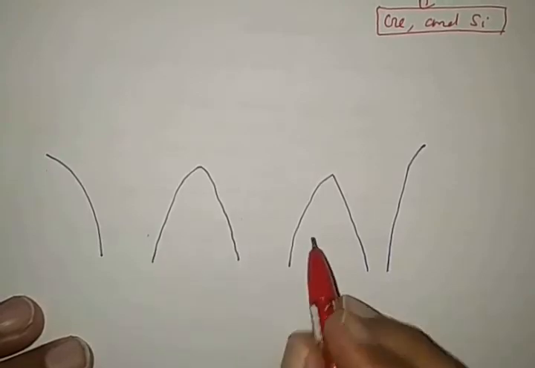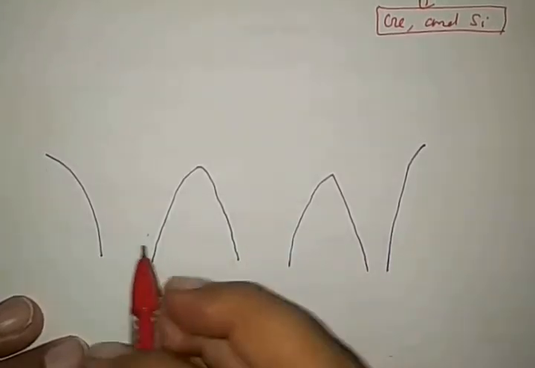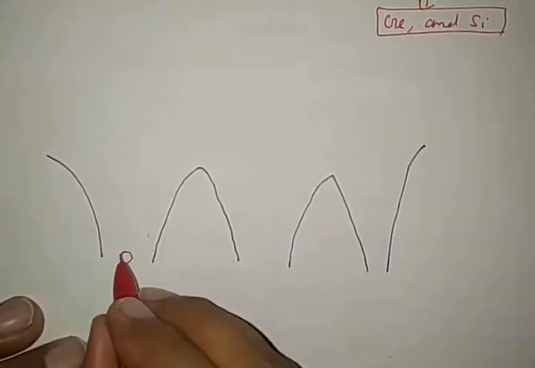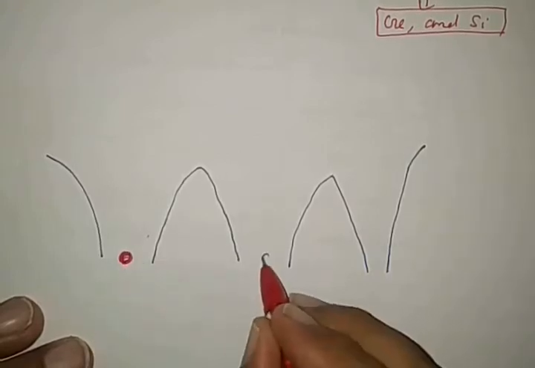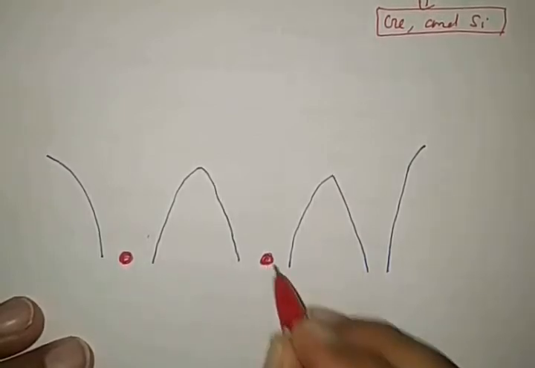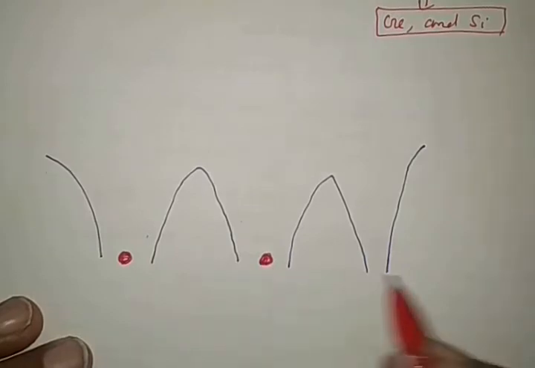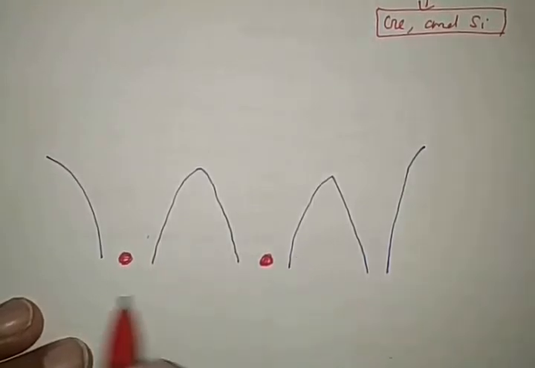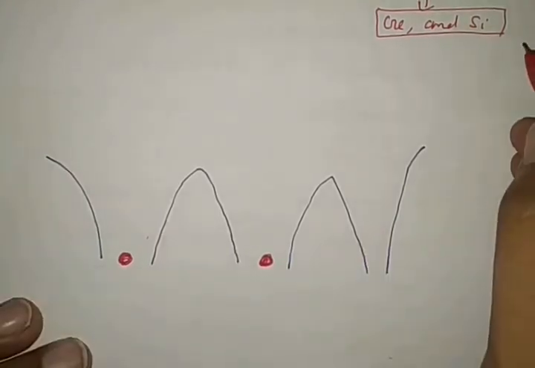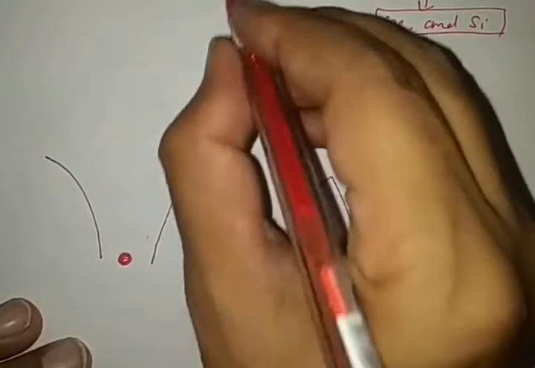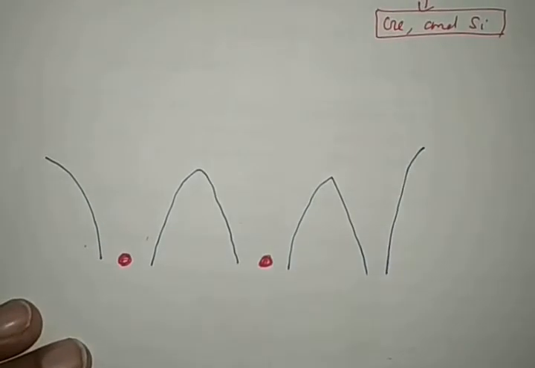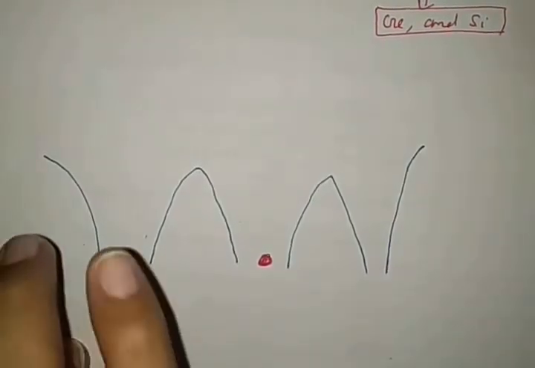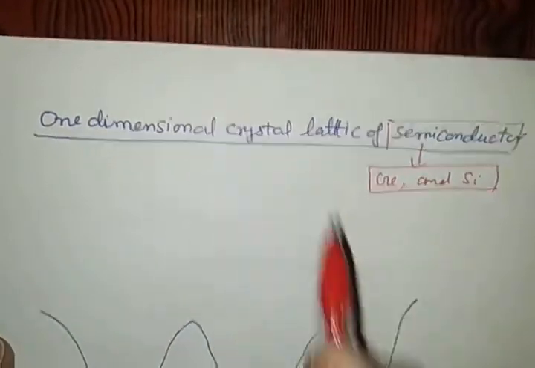Here are two atoms represented in the diagram. These are the positions of the nucleus, right? It is represented in the diagram for two atoms only, but it is not for a doublet molecule. It is for a crystal of more than two. This is an array in one dimension. See the topic, one dimensional crystal lattice.